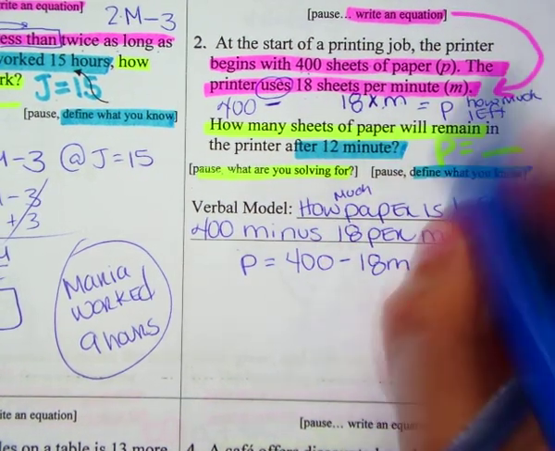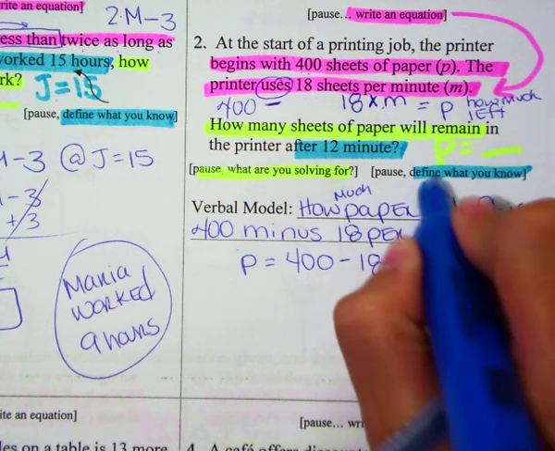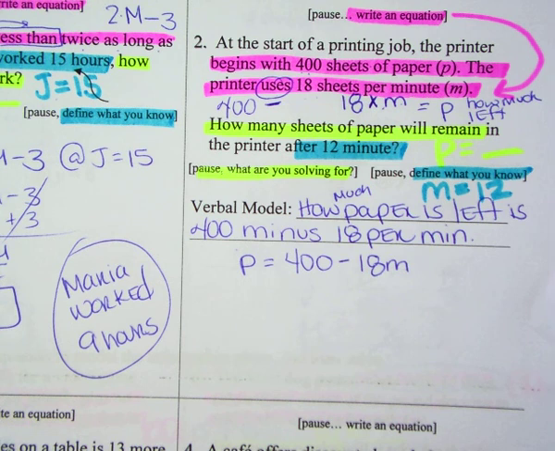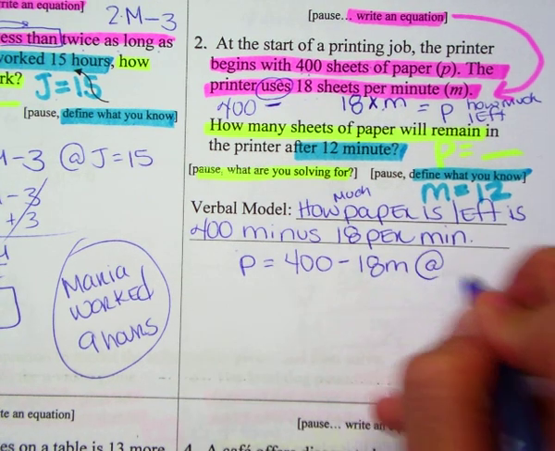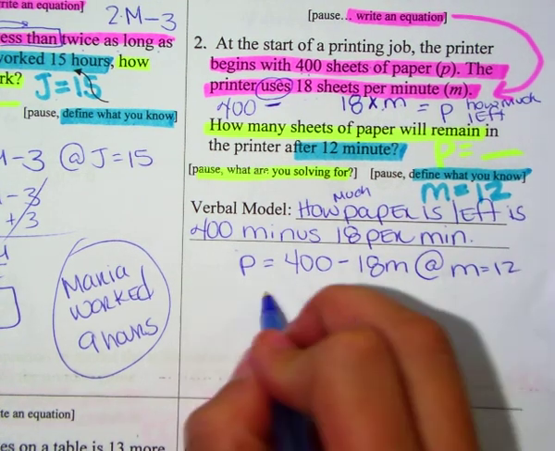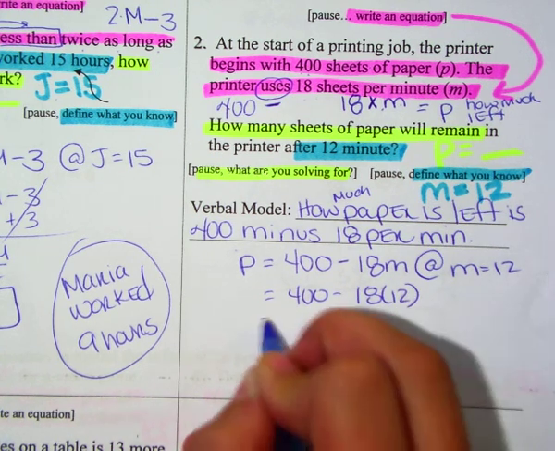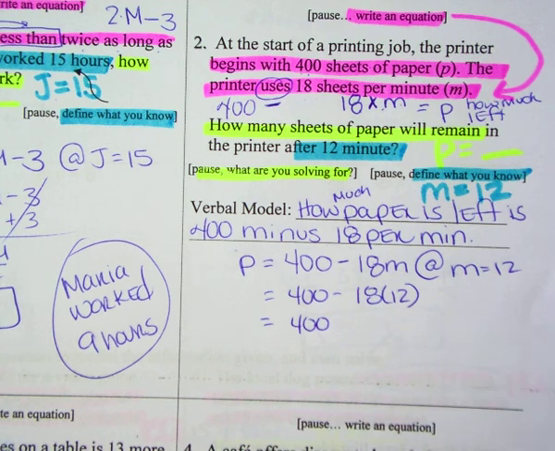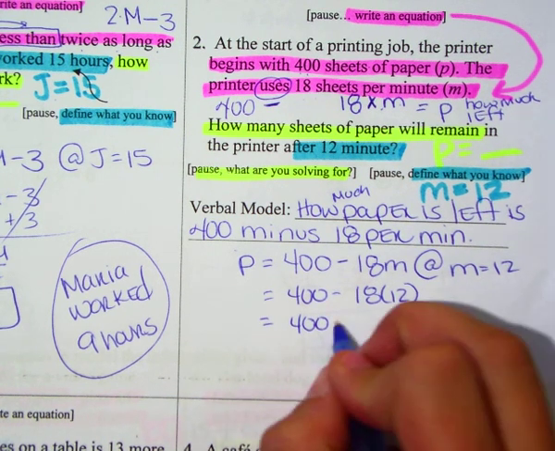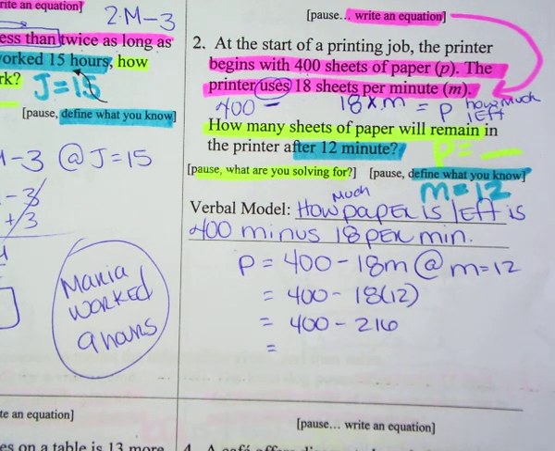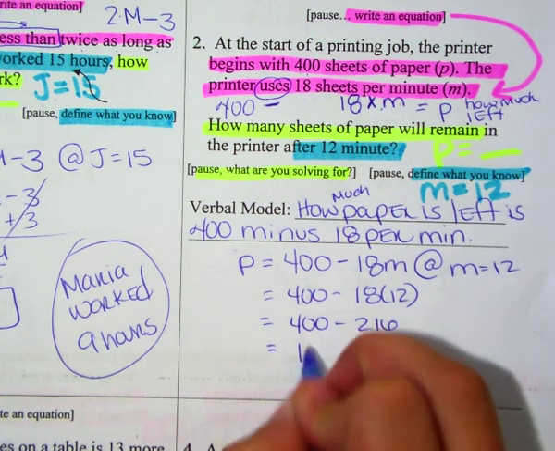Pause. That's what I know. I know minute equals 12. So I'm going to solve this equation at m equals 12. 400 minus 18 times 12. 18 times 12 is 216. 400 minus 216 is 184.